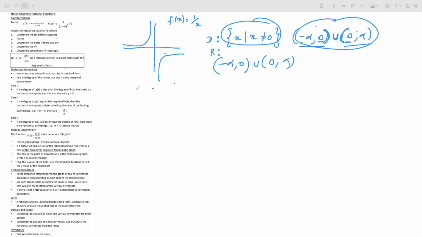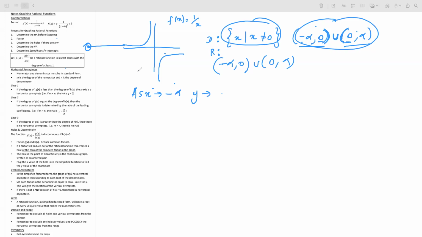How is the end behavior, guys? As x tends to minus infinity, what happens to the graph? Y tends to? Guys, you have to shout out. Think about this point in the graph.